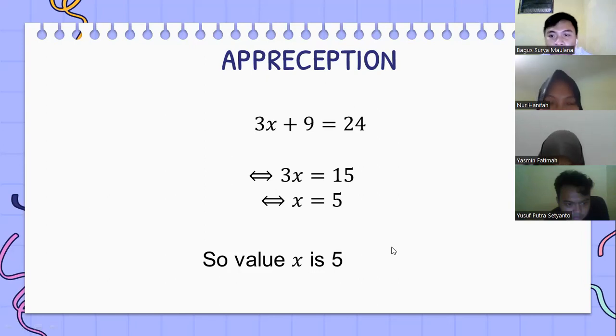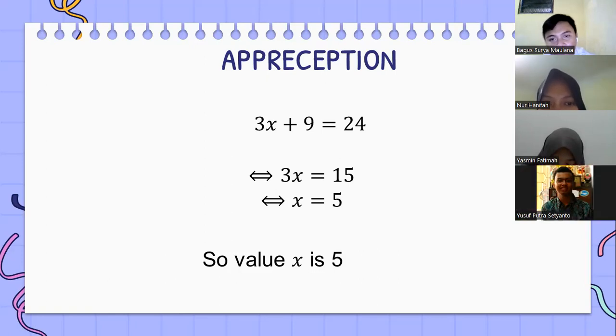So this is the one variable equation. We have 3x plus 9 is equal to 24. And then we move the 9 on the left side to the right side and it becomes a negative number, and we get the result x is equal to 5.